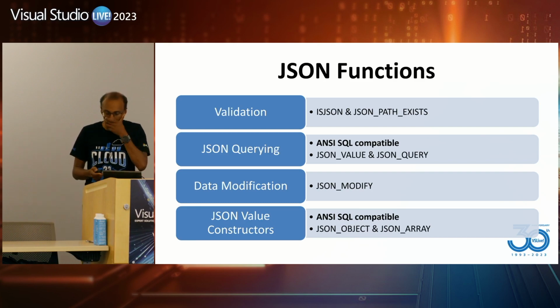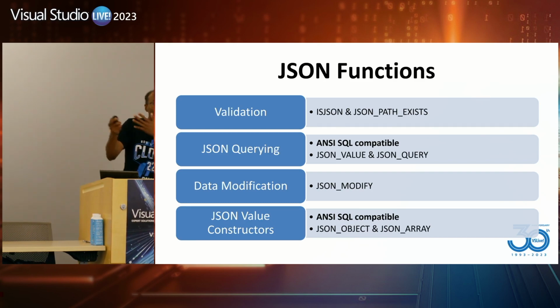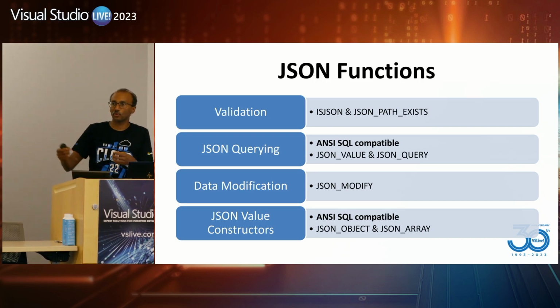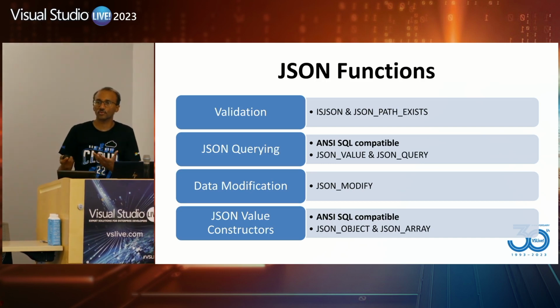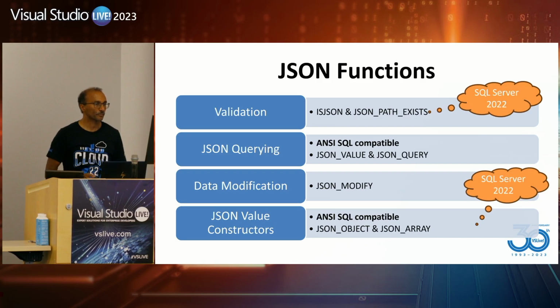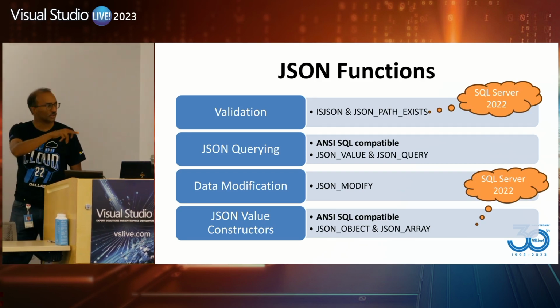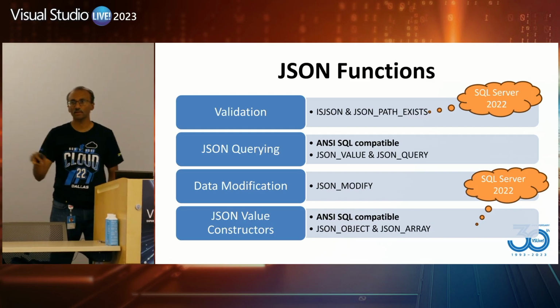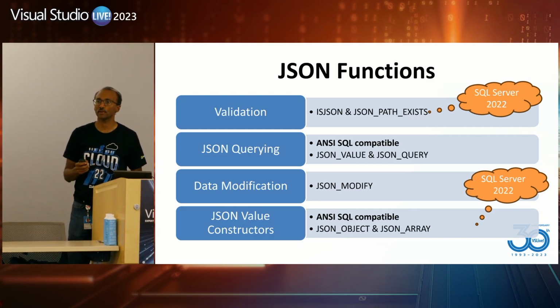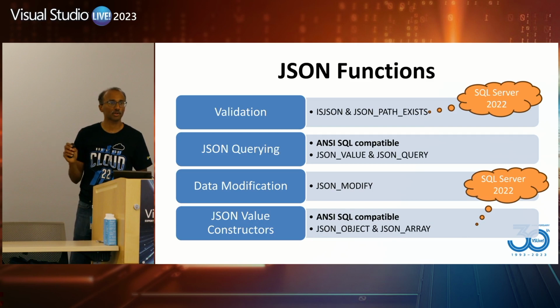This way you keep your existing schema as is, and you can still integrate these new services into your application. And the last one, the constructors and the JSON path exist, we added in SQL Server 2022, and it's available now in SQL DB and SQL MI.